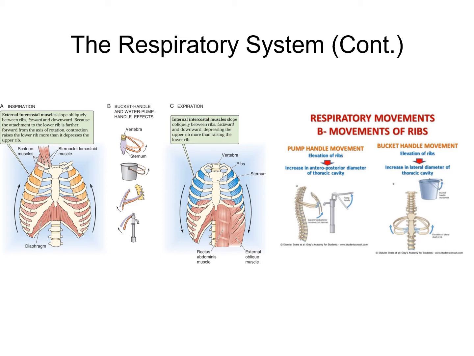And now let's direct your attention to some of the events that happen with the intercostal muscles during inspiration and expiration. So in inspiration, the external intercostals are going to slope obliquely between the ribs, forward and downward. And you can kind of see the orientation of the external intercostals that I'm going over right now in red.